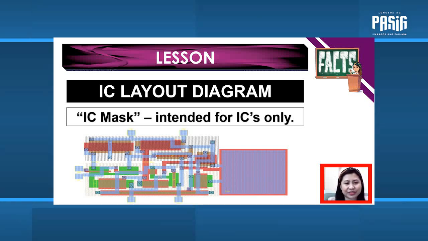It represents the geometry as well as the size of different semiconductor layers and their connection. It describes the internal structure and is used in manufacturing and designing integrated circuits. Below is an example of an IC layout diagram.